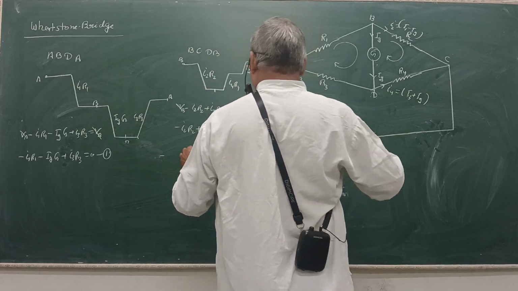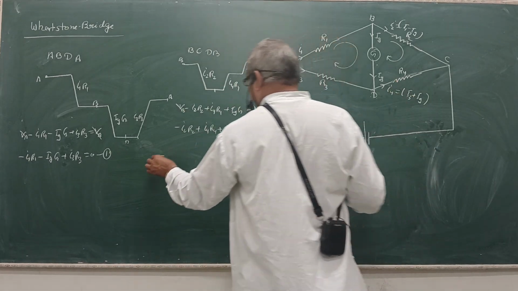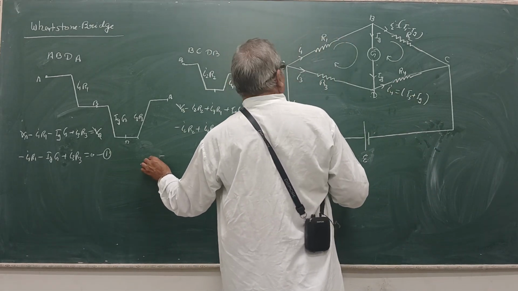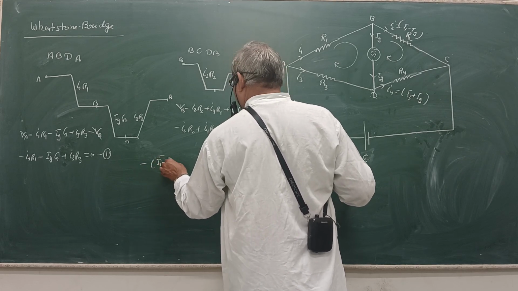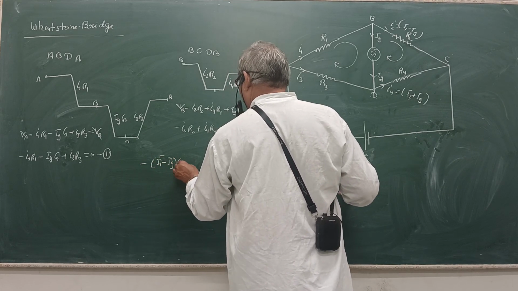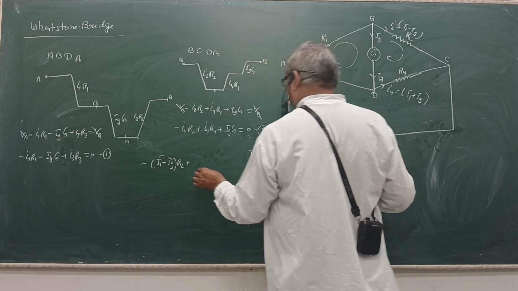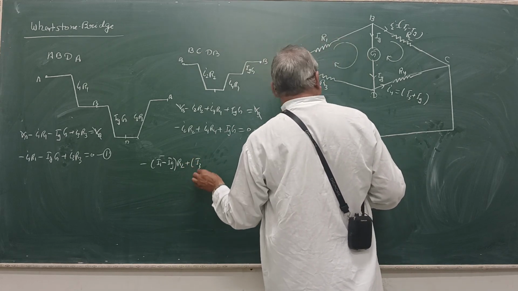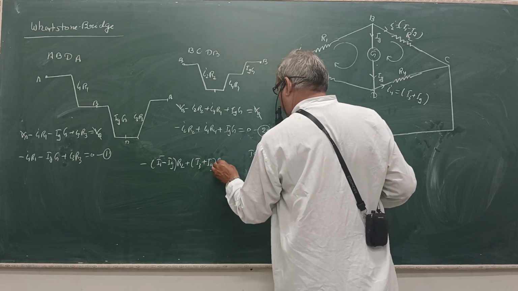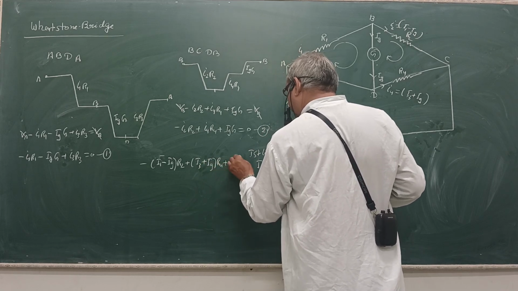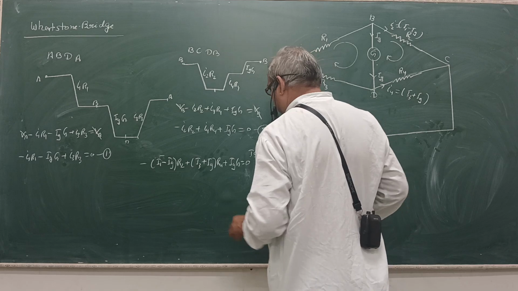But in the case of the second equation, the value of I2 is I1 minus IG into R2, and I4 is I3 plus IG into R4, plus IG into G is equal to 0.